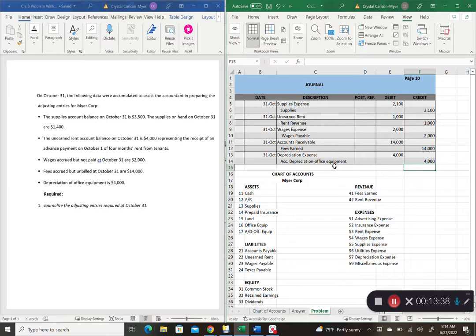So on your balance sheet, you'll show office equipment on there for the full value, and then underneath of it, it'll say less accumulated depreciation on the office equipment. And that amount will be subtracted from the purchase price of that asset, like this office equipment. So it'll show the net book value on your financial statement.